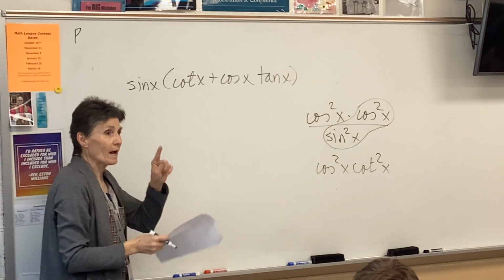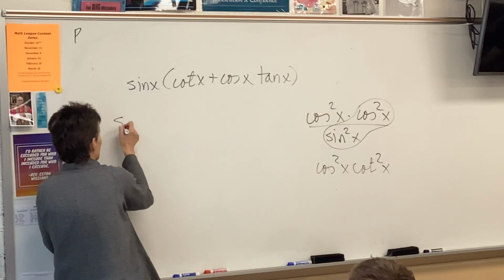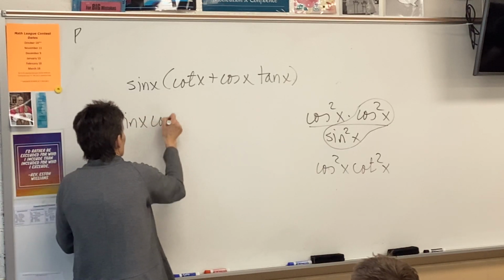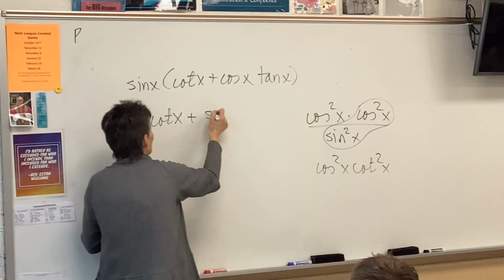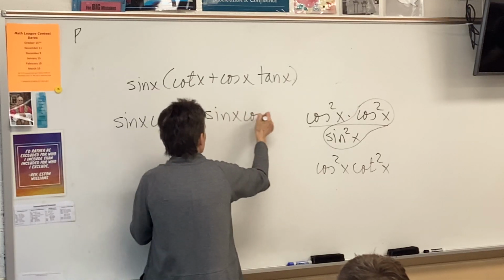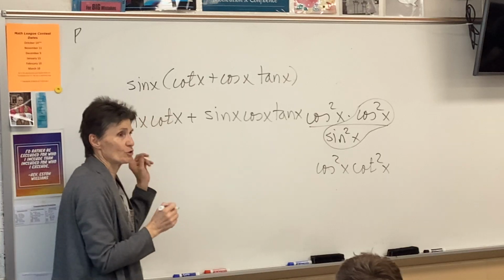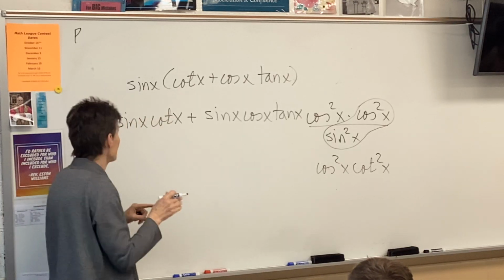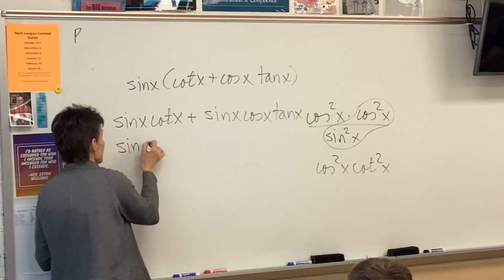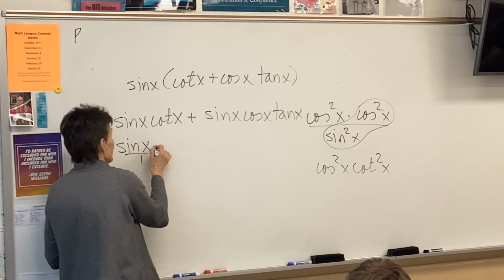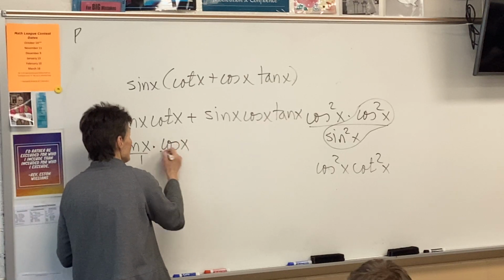I think before I get fractions, I'm going to go ahead and distribute. Is that okay? You might not want to do that, but is it okay to do that? Okay, so I went ahead and distributed. Now I'm going to do what you suggested. This is sine times cosine over sine.